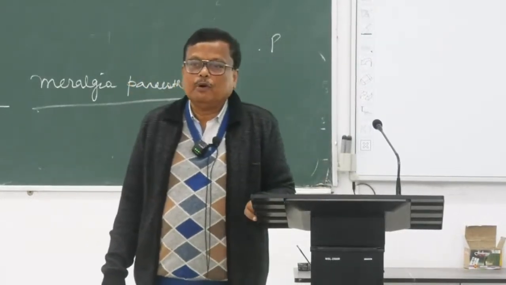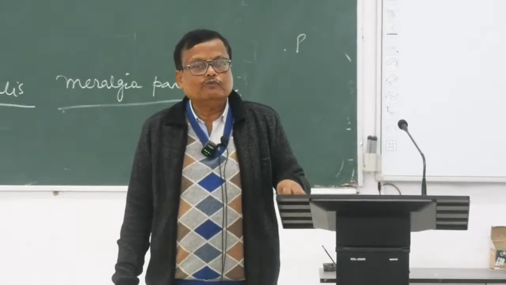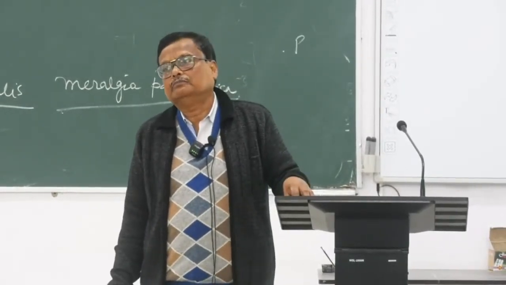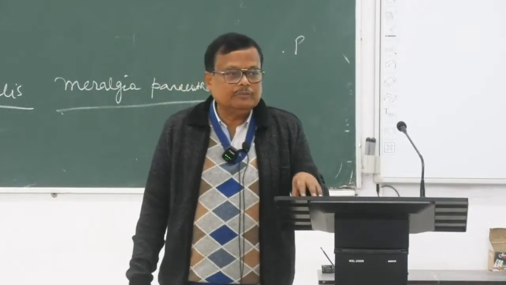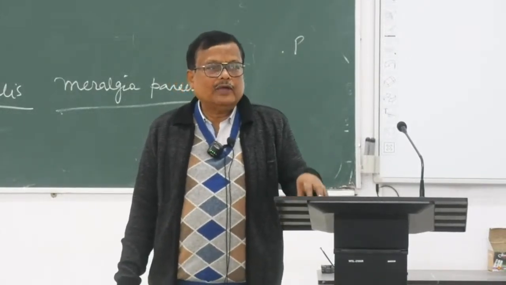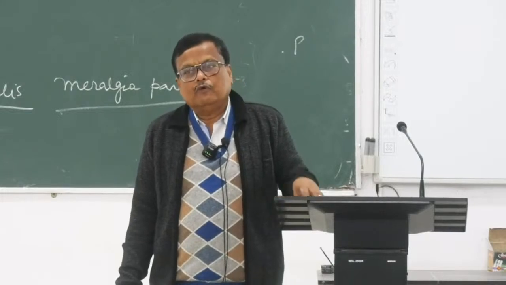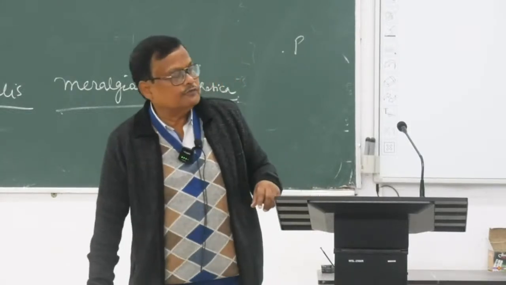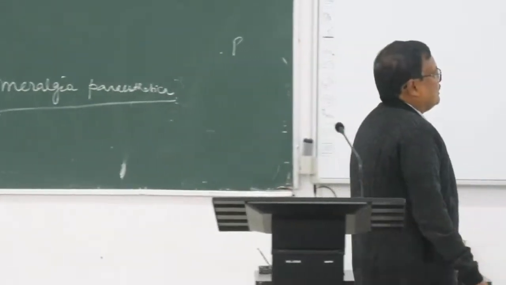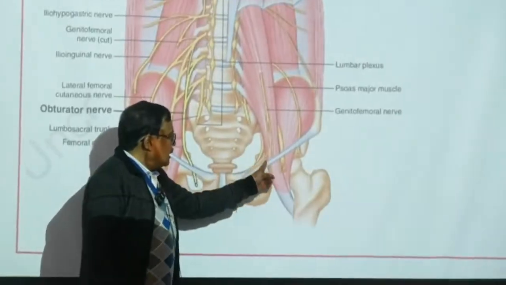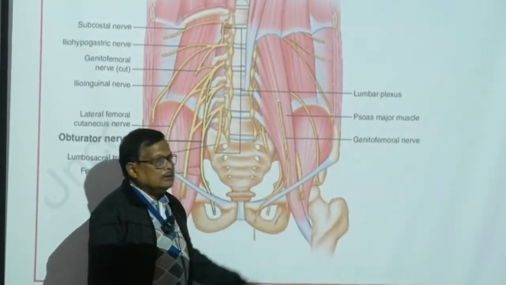So root value is important for the genitofemoral nerve, for the femoral nerve, and for the obturator nerve. So the dorsal division of the anterior primary rami of L2, L3, L4 forms the femoral nerve, which comes out from the medial border of the psoas major muscle, passing below the inguinal ligament.